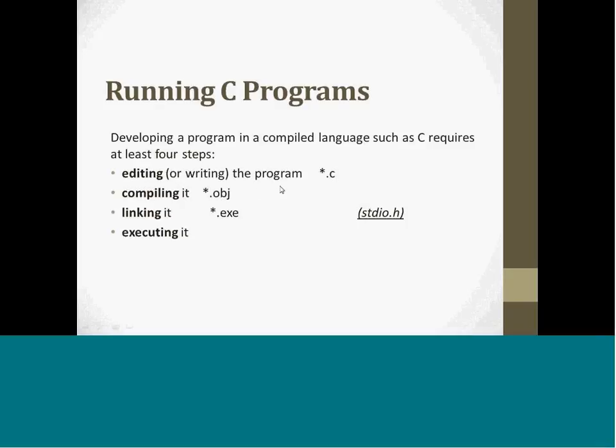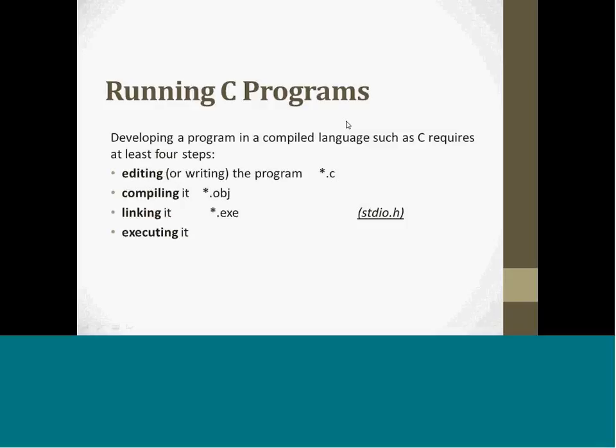So you need to write a program in a .c file, and then compile it, link it, and run it. To write the program, you will need an editor like Vi or Emacs. Basically, just type the program and save it as a .c file, which is the source file. To compile it, the question is, why do we need to compile it since we already have the C code, the C file?